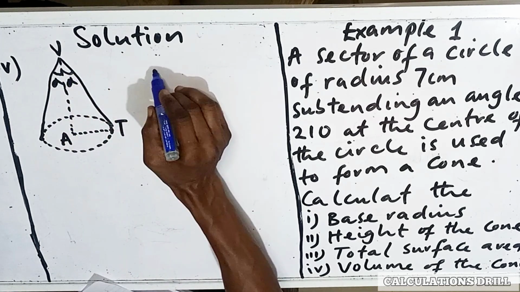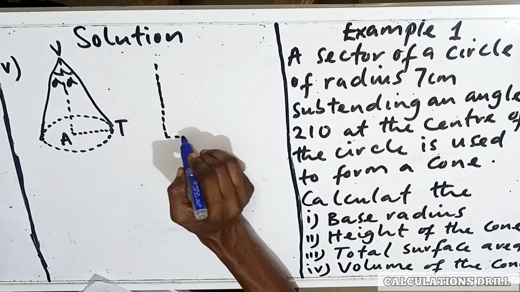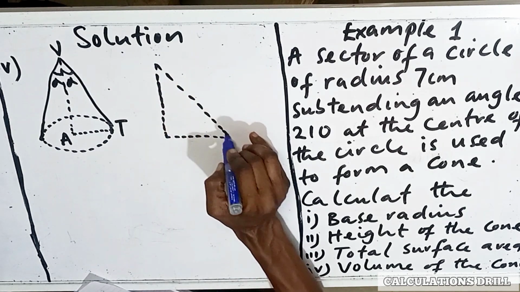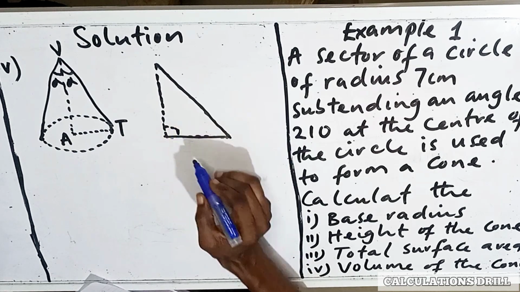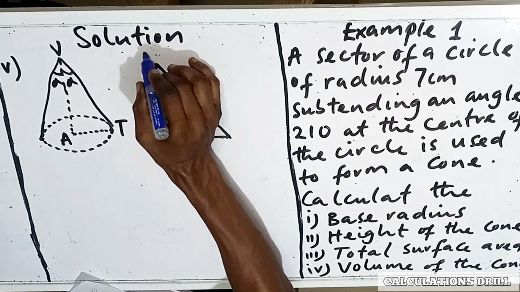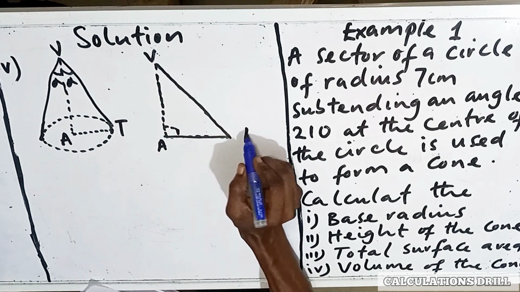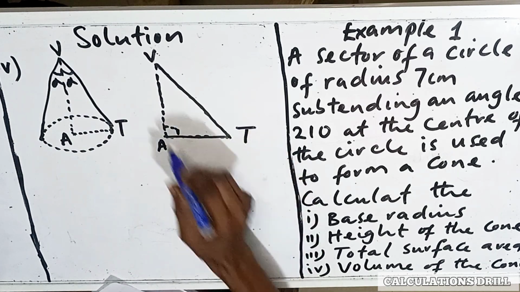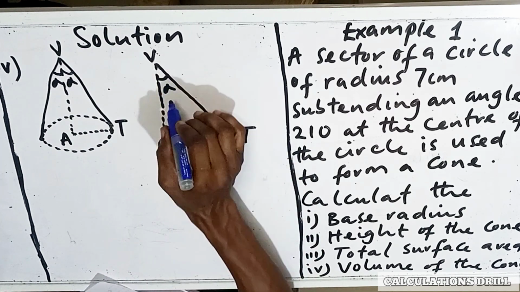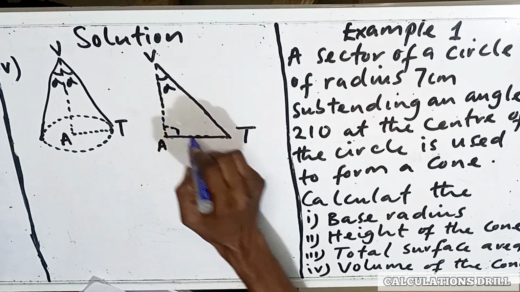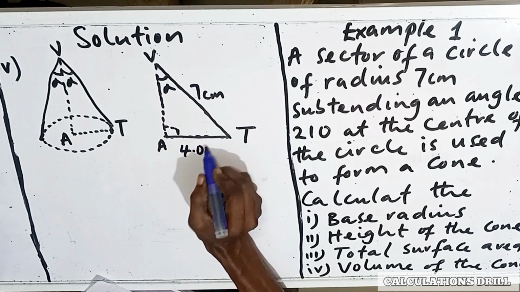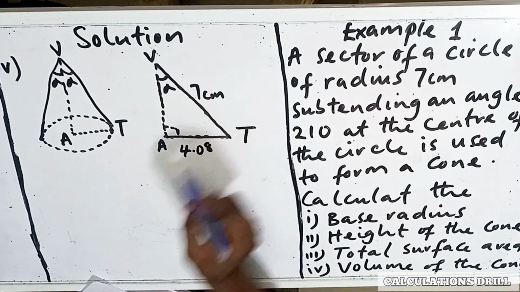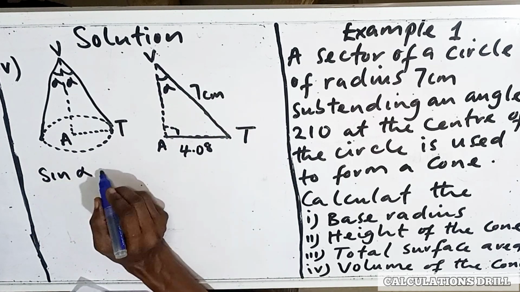Then I'm bringing that shape out so that I can actually use SOHCAHTOA to get my alpha. So I want to solve for alpha. Remember, our slant height is 7 and our radius is 4.08 as we calculated.